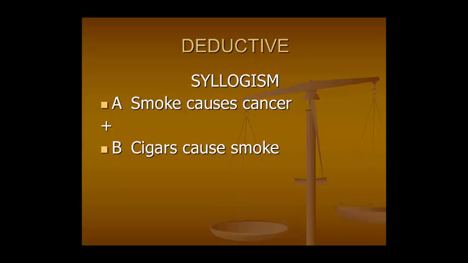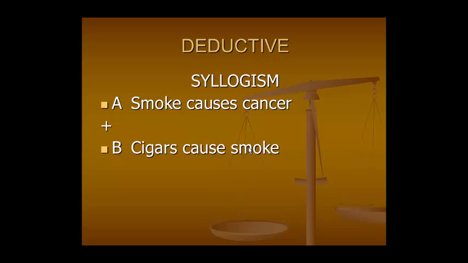If you have A plus B, this is going to then bring us to a conclusion. And what I want you to notice here is this is where the word problem comes in, because anytime you see the noun that is going to be repeated in A and B, here we have smoke in A. Smoke causes cancer. And then in B, cigars cause smoke.